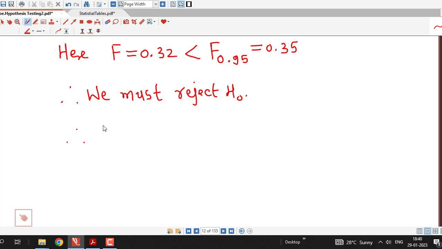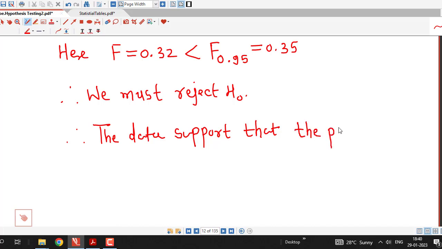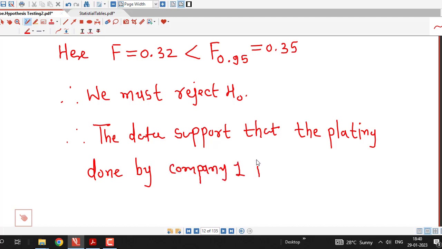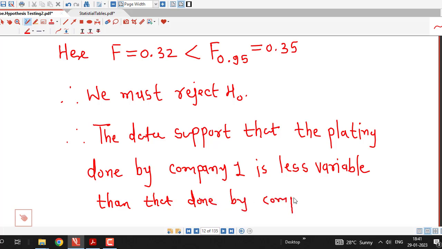Here we are writing that we must reject the null hypothesis. This means we can say that the data support that the plating done by company 1 is less variable than that done by company 2.